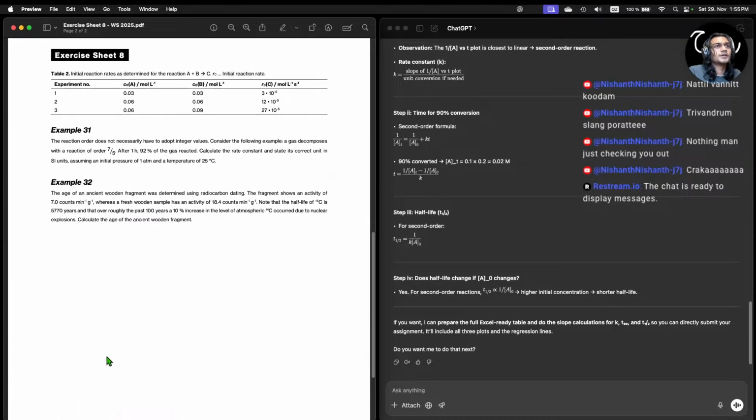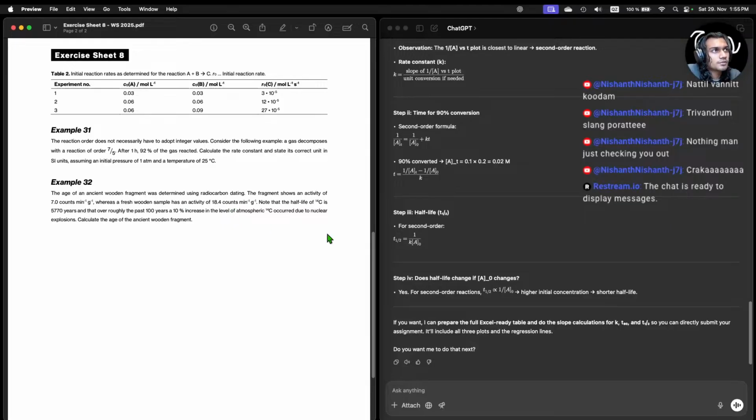That's the last one. The age of an ancient wooden fragment was determined using radiocarbon dating. The fragment shows an activity of 7 counts per minute per gram, whereas a fresh wooden sample has an activity of 18.4 counts per minute per gram.